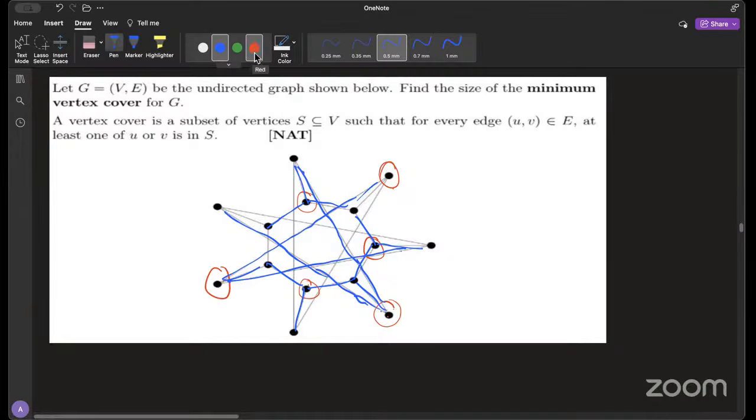Then let's have this one too. This is going to cover this. Oh, wait. It's better to have this one. If instead of this, I have this one, it's going to cover 2.